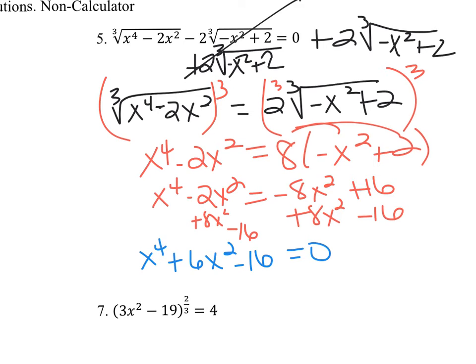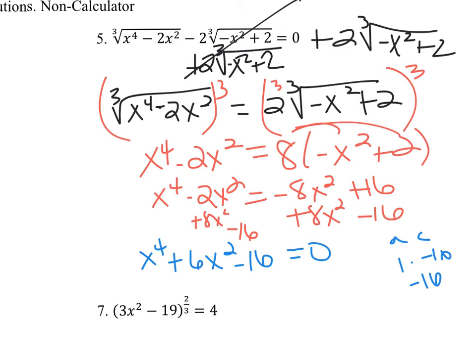All right. We have 3 terms here. And I'm going to try to factor just like I normally do. My 3 terms are the x to the 4th, 6x squared, and negative 16. So I have to use the AC method. So 1 times negative 16 is negative 16. And I'm trying to find factors of negative 16 that make a positive 6.